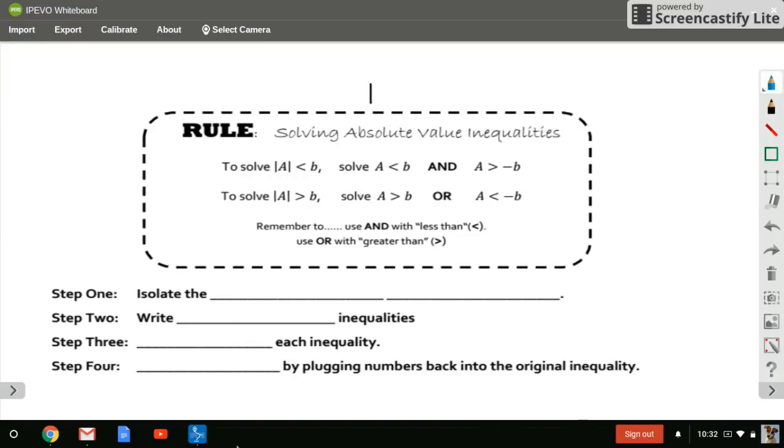So our rule: to solve the absolute value of a is less than b, we solve a is less than b and a is greater than -b. So whenever you see less than, think of an and.